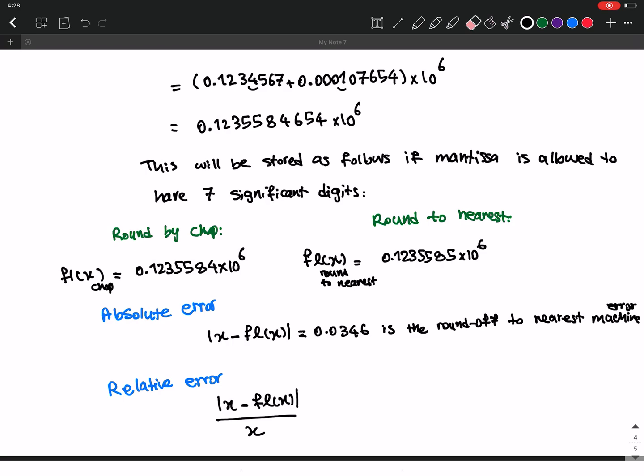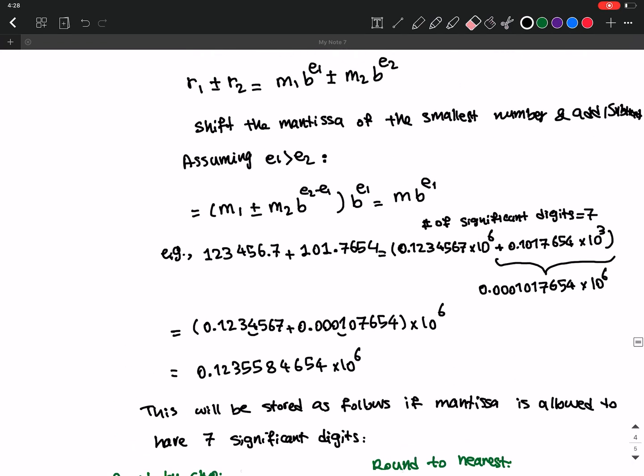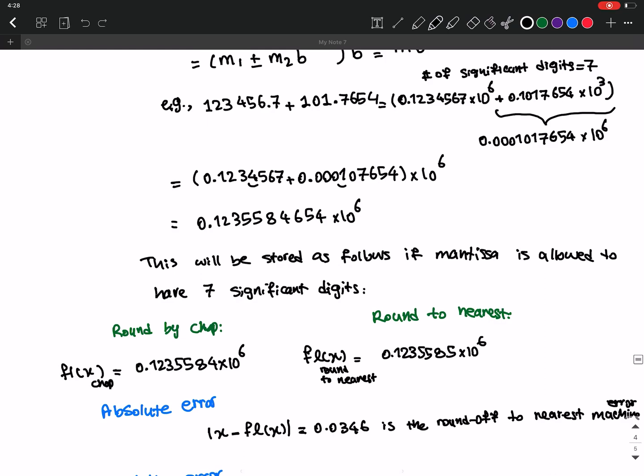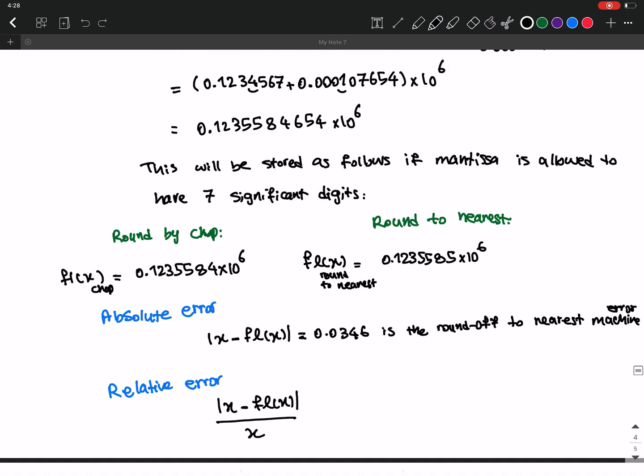So we have to subtract the real number. So this is our x, right? So this is, for example, the x. And when we do the floating representation of that, it's going to be like this. And this is going to be the absolute error of that for, let me write it down as, for example, round by nearest. And you can calculate it for chopping, which is going to be larger than this, okay?